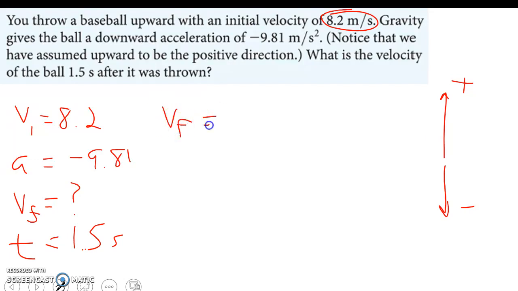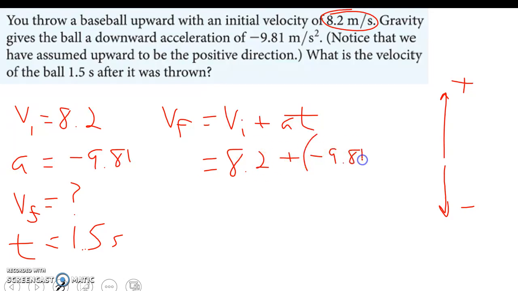Final velocity equals initial velocity plus AT. My final velocity, I don't know. Initial velocity, 8.2, plus my acceleration of negative 9.81, multiplied by my time of 1.5. I should be able to find my final velocity.